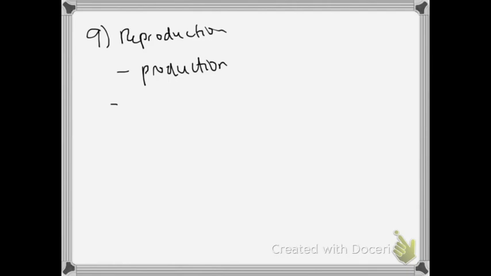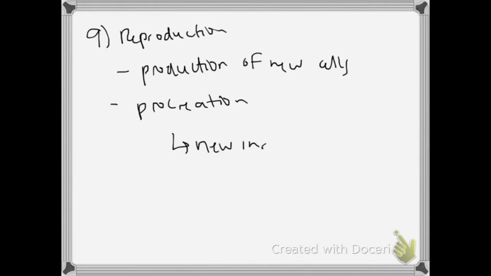So you're producing new cells. And then the other one's procreation, which is the creation of a new individual or organism. And that can be through sexual or asexual means. We'll talk about that next semester too. Okay, so this is new individual or organism.